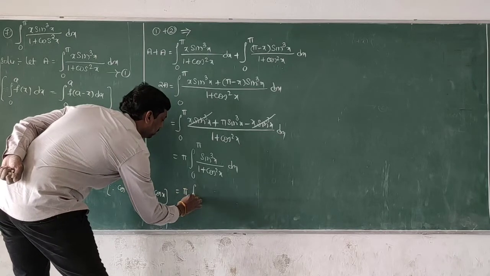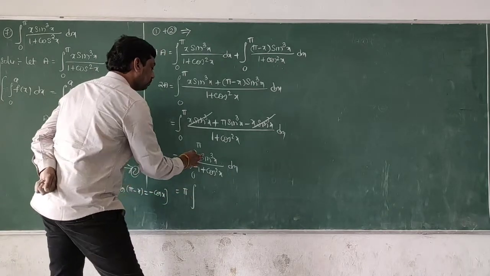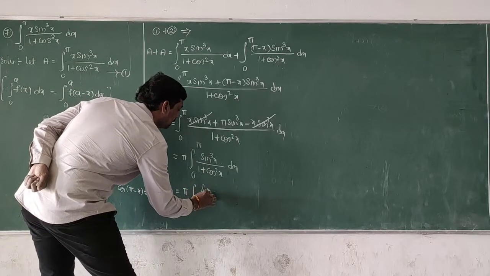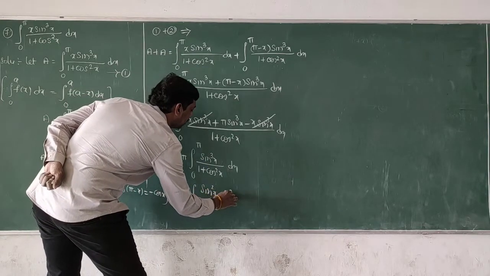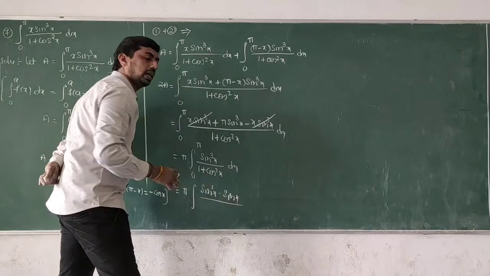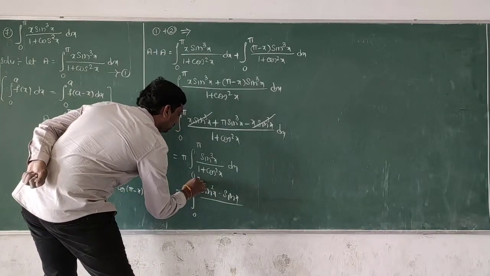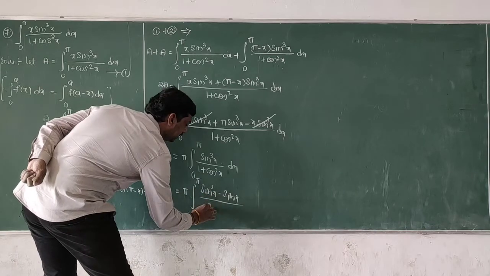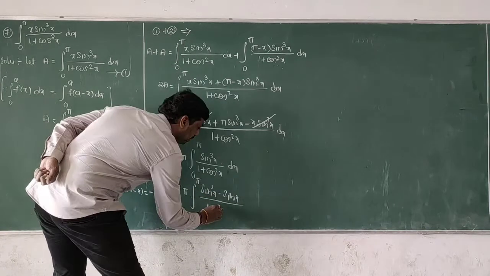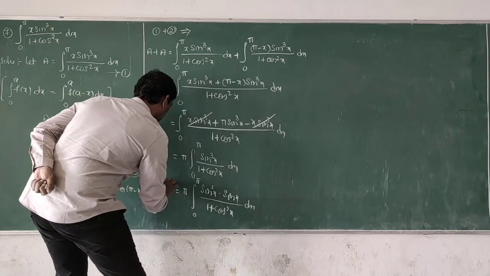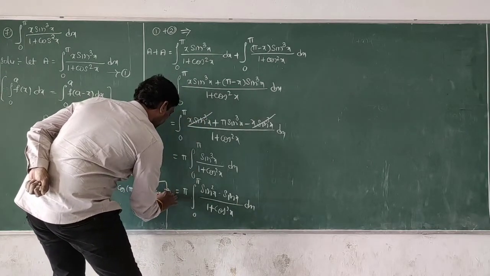Pi into integration sin cube x can be written as sin square x into sin x, or not? The value is not changed by writing like this, no. That's why write 0 to pi sin square x into sin x by 1 plus cos square x dx, which is the value 2A.